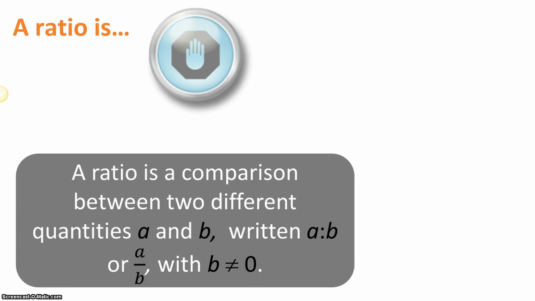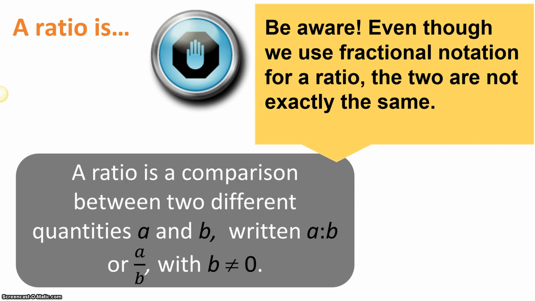Be aware. Even though we use fractional notation for a ratio, the two are not exactly the same. A fraction represents a part of a whole, whereas a ratio simply compares two different quantities in a part-to-part relationship.